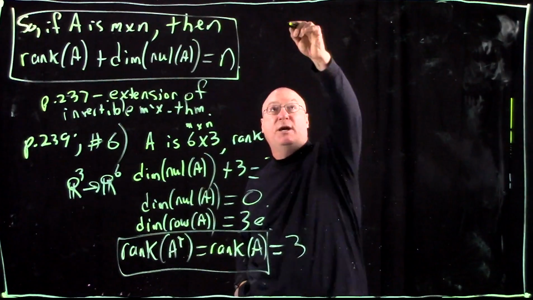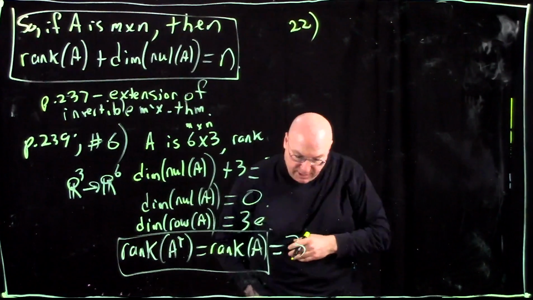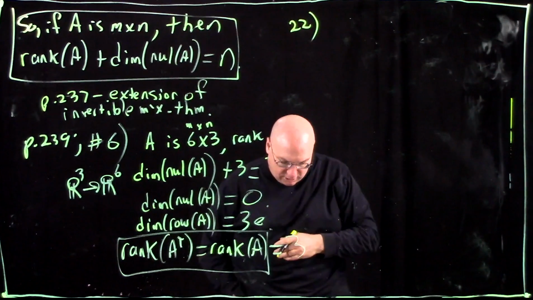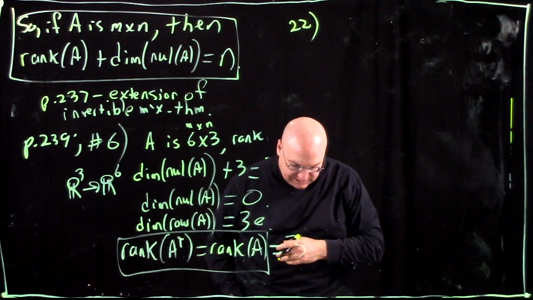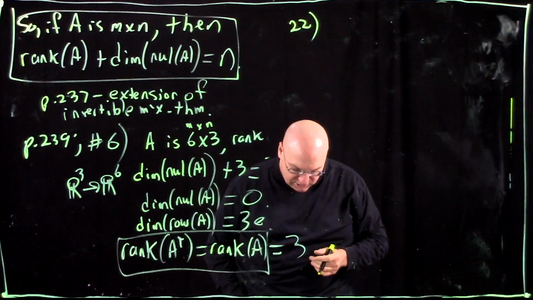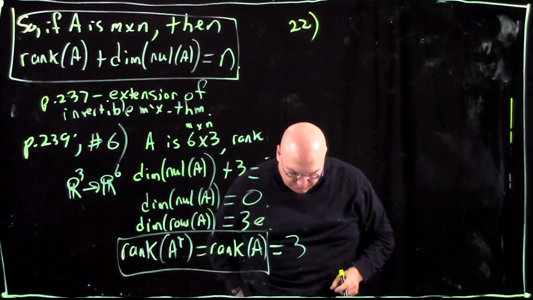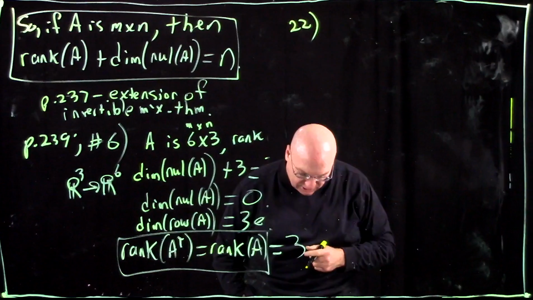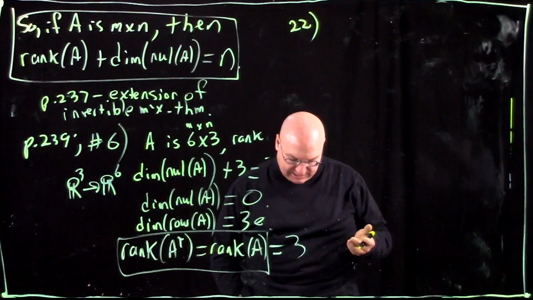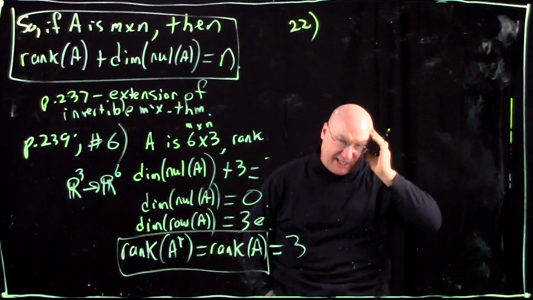Number 22. I want to look at that one a little bit more, though. Is it possible that all the solutions of a homogeneous system of 10 linear equations in 12 variables are multiples of one fixed non-zero solution? Discuss. All right, it says a homogeneous system.